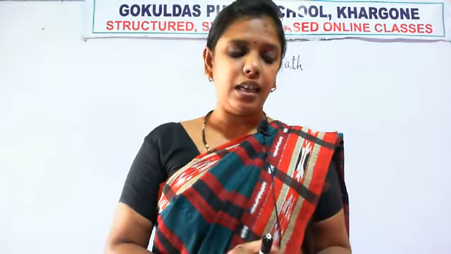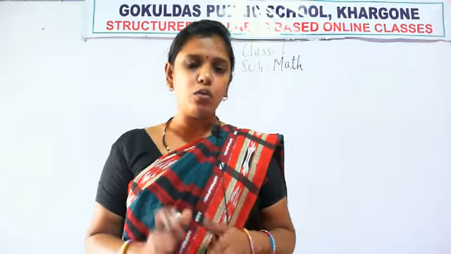The questions given in this exercise are similar to the questions that we have done in exercise. So you all know how to solve those questions. So again we are doing that exercise as a revision. Take it as a revision of half yearly exam, and we will do the written work.